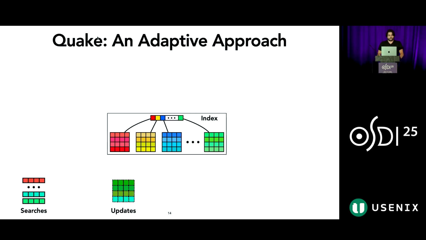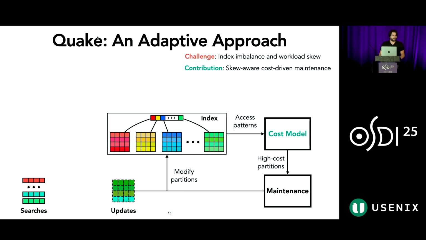That brings us to our approach, Quake, which is an adaptive approach. It has 2 main contributions. The first addresses index imbalance and workload skew through cost-driven maintenance. Here we have a maintenance methodology that monitors the access patterns of the index, identifies the partitions that are most negatively contributing to index performance, and then targets maintenance towards those partitions through splitting or merging.